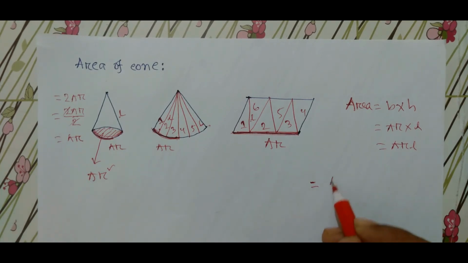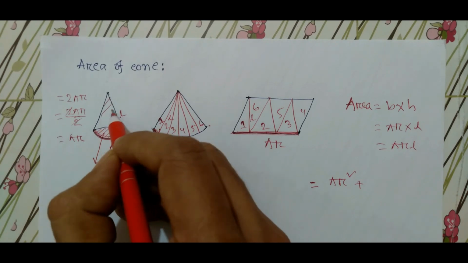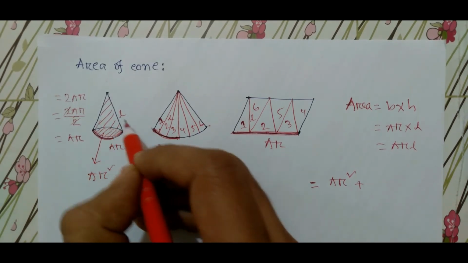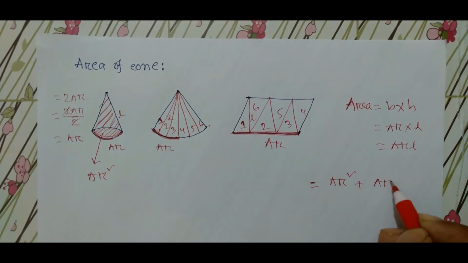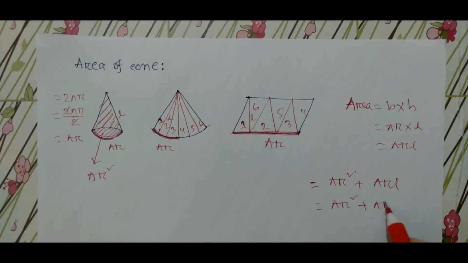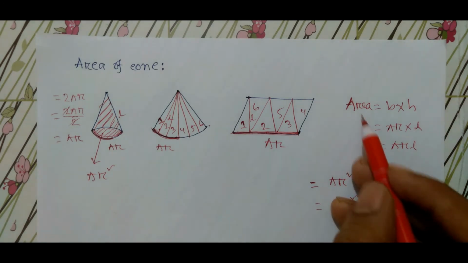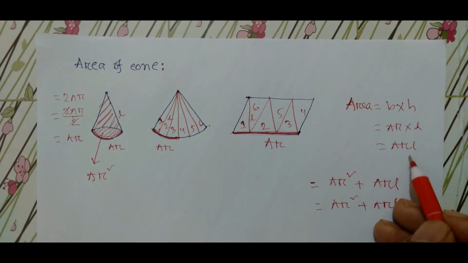So we have to add this portion pi r square, and we know the surface area of cone is pi r l. So the total surface area will be pi r square plus pi r l. This is the total surface area of a cone. So we can say that total surface area of a cone is pi r square plus pi r l, and the area of a cone will be just pi r l.